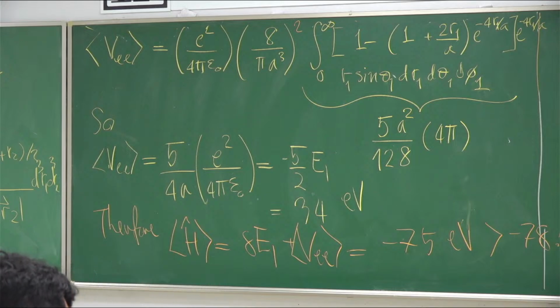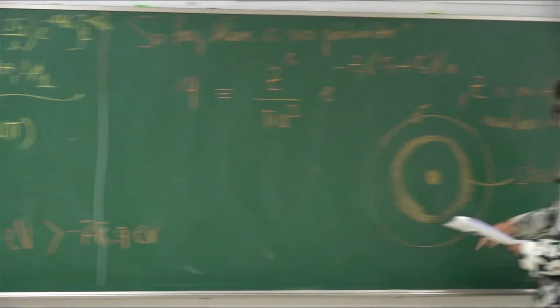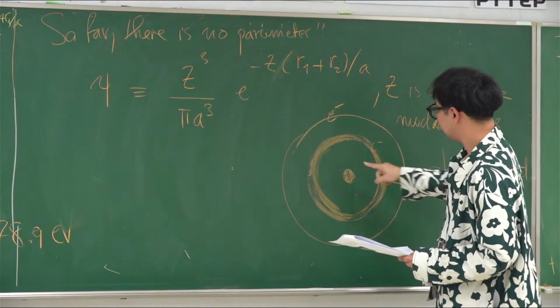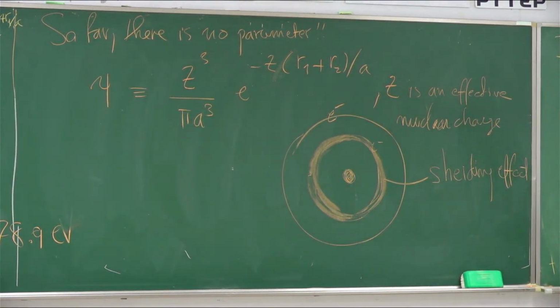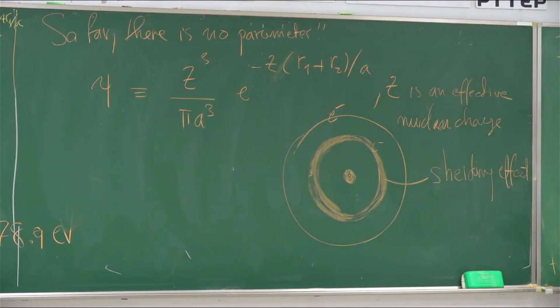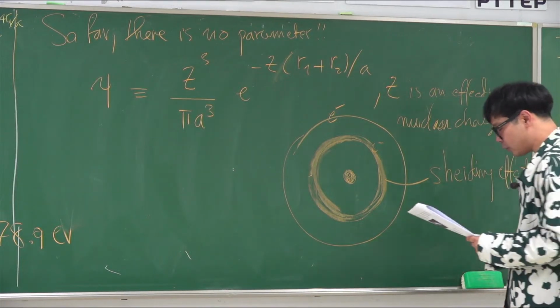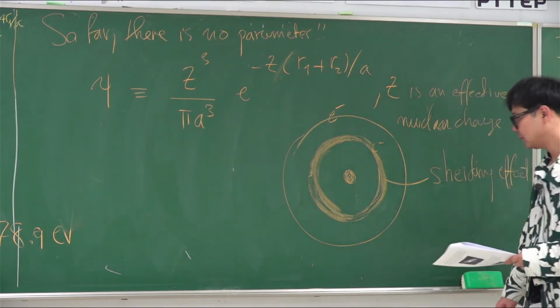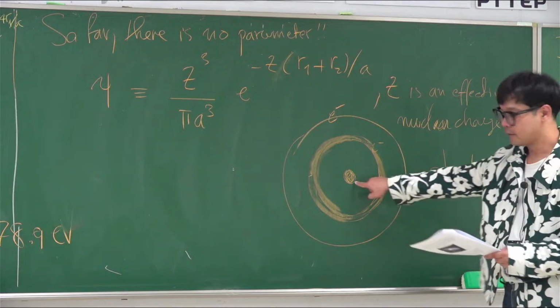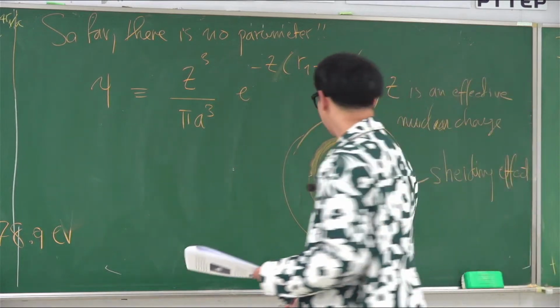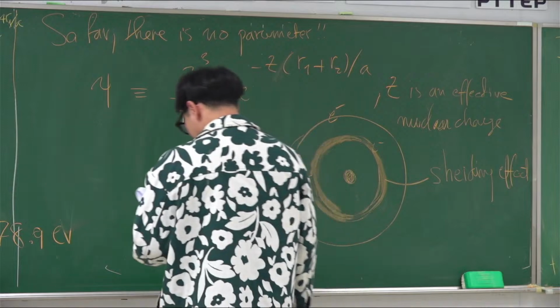It's called the shielding effect, right? Then it partially reduces the charge of this nucleus, right? Okay.